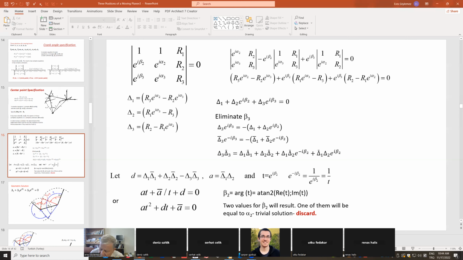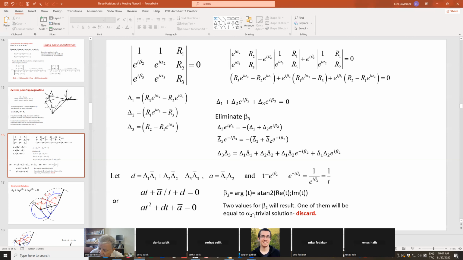One T value will be beta 2, the other T value, if you determine beta 2, it will be equal to alpha 2. Alpha 2 is the angular rotation of the moving body from position 1 to position 2.